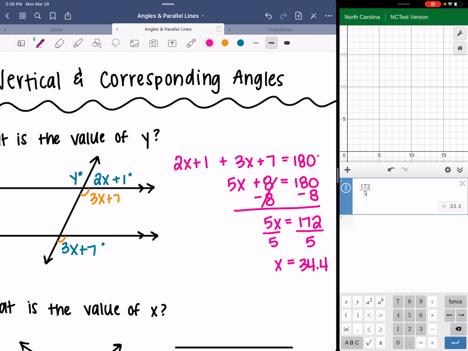What would y have to be? So 180 minus 34.4 would give us 145.6. So the value of y is 145.6 degrees.